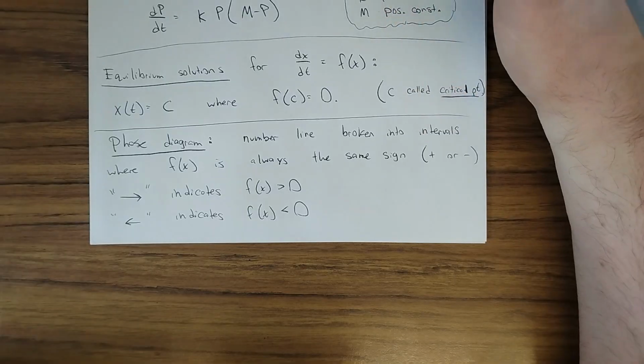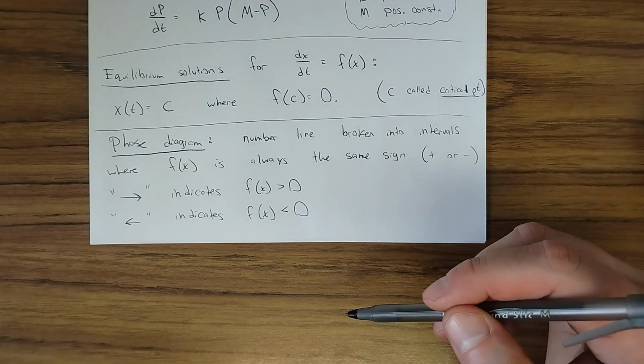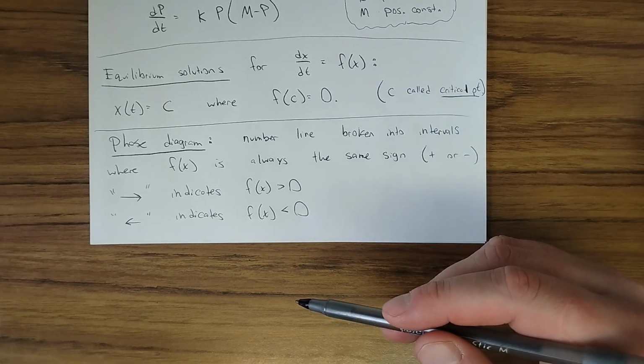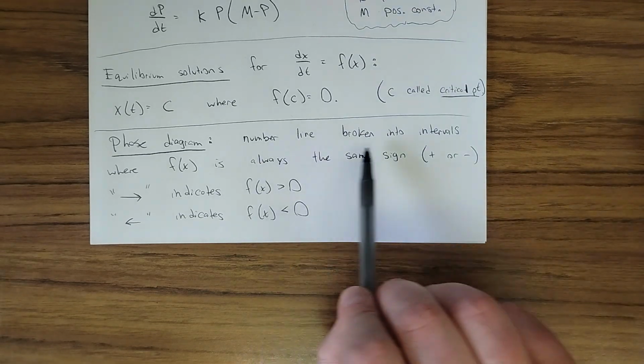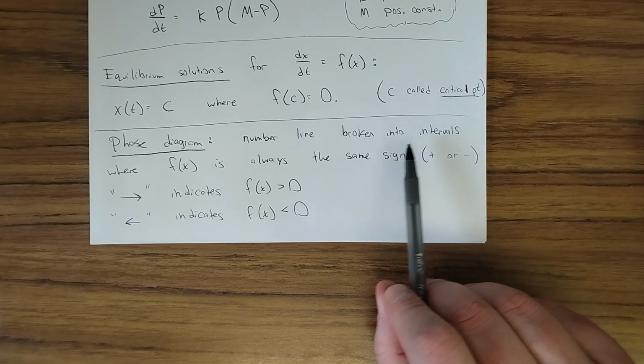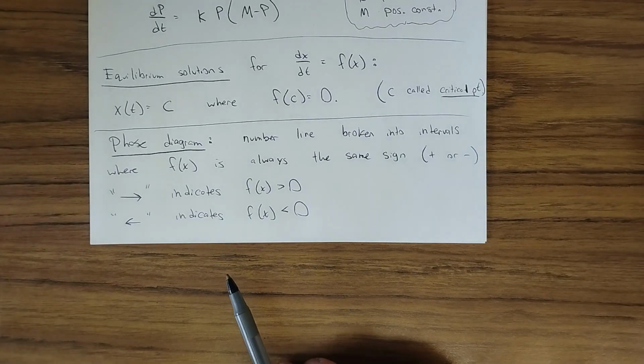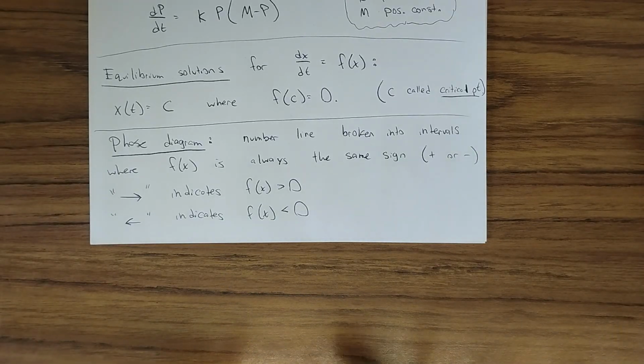So let's talk about what a phase diagram is. I'm going to draw an example, so let me just tell you what it is in words. It's a number line that we're going to break into intervals where f is always the same sign, either positive or negative. So there's going to be intervals where f is always positive and intervals where f is always negative, and it's essentially a number line that tells you which is which. And here's how we label it.